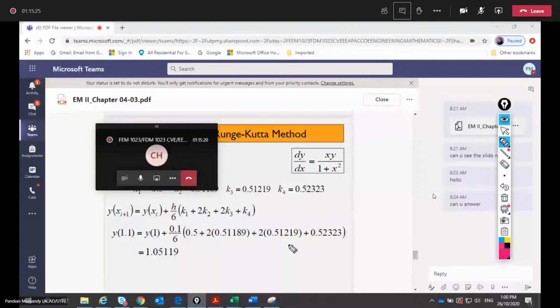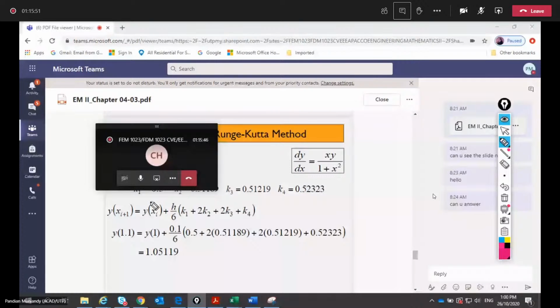Now you can do the second iteration, the same thing. Your xi plus 1 here will be 1.2. This will be y at xi, which is 1.1. So y1 at x 1.1 is 1.05119, this value.